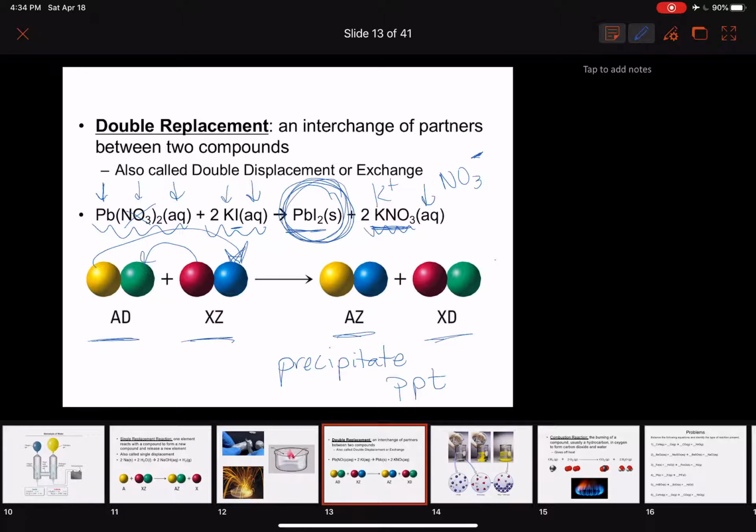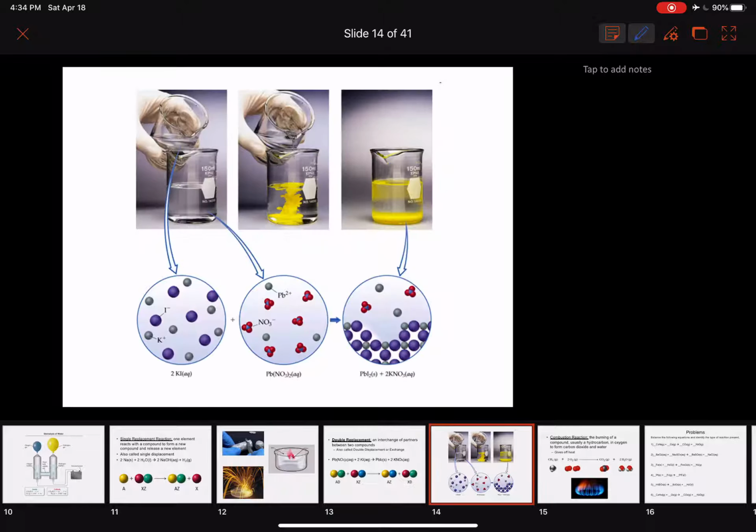Now I have a picture of this on the next slide. And it shows you that in the first beaker, this one right here in that person's hand, we have potassium iodide dissolved in water.